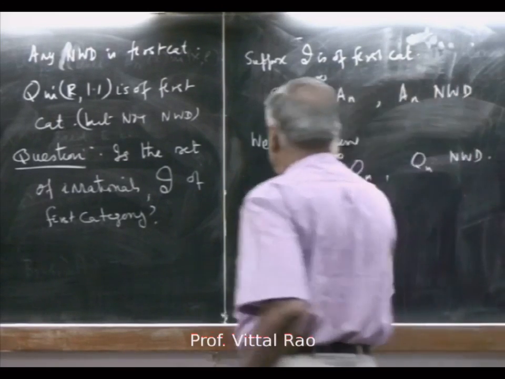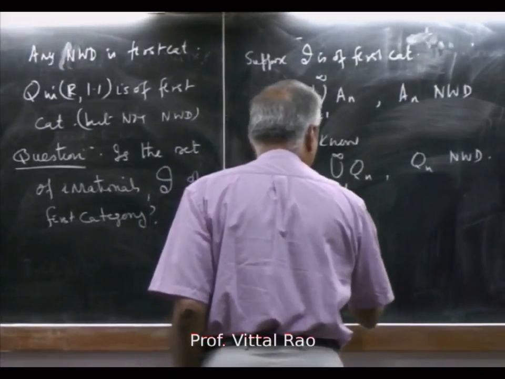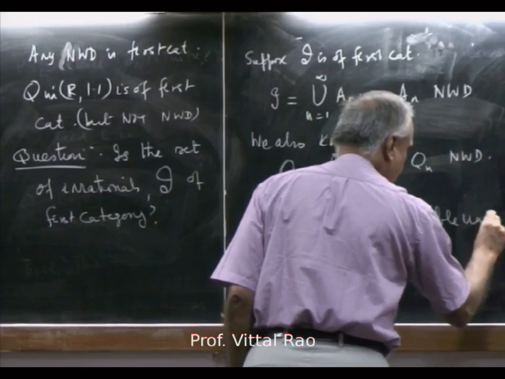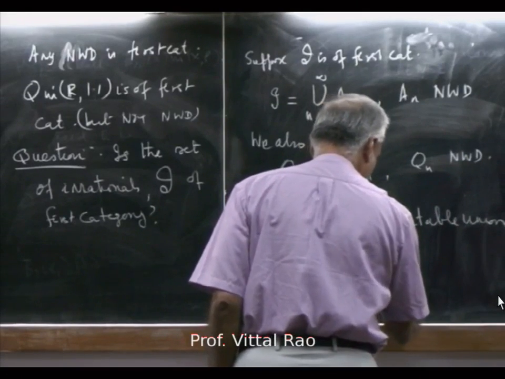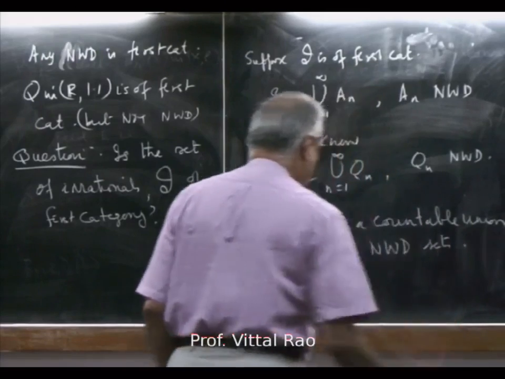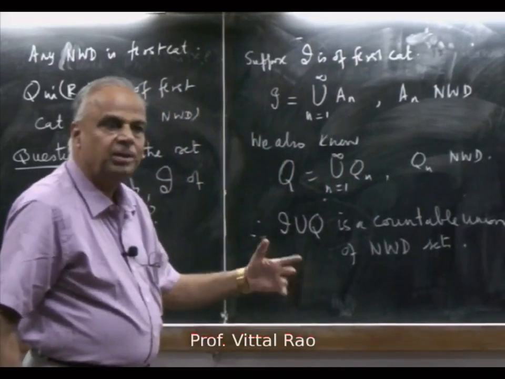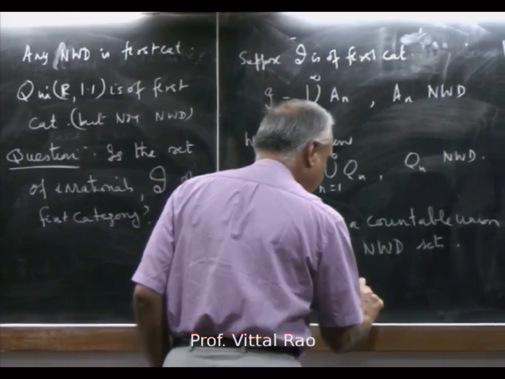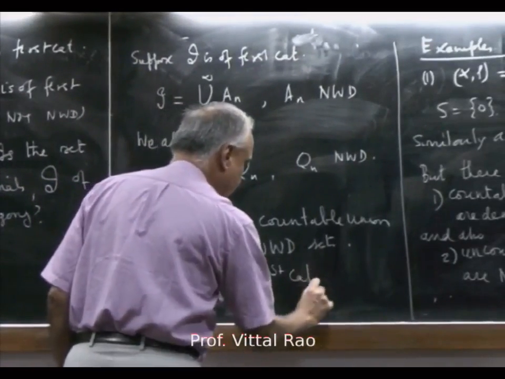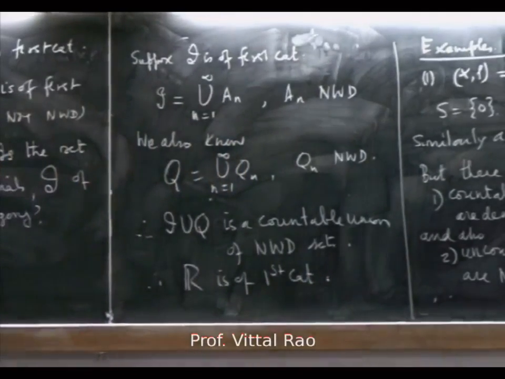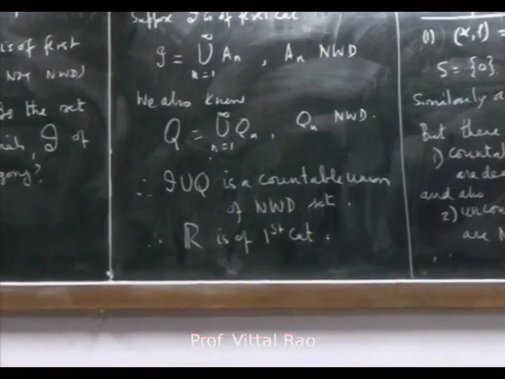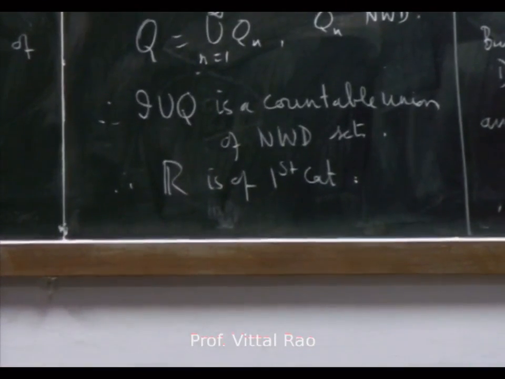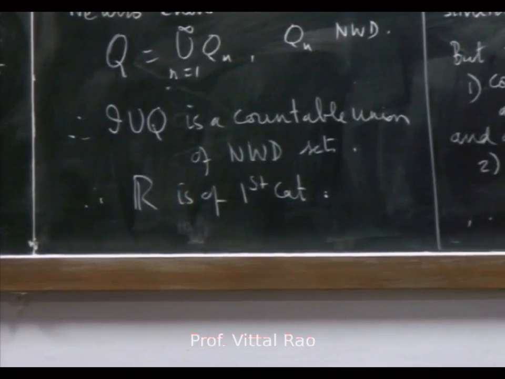Therefore, I union Q is a countable union of nowhere dense sets. But I union Q is all of R. We have taken the rationals, and therefore R is of first category. If I were to be first category, then that forces the real numbers to be of first category.